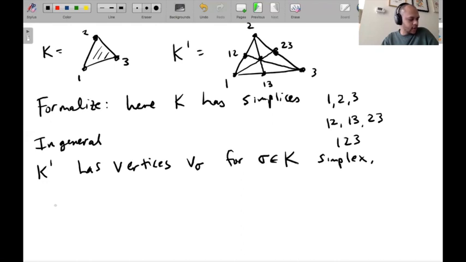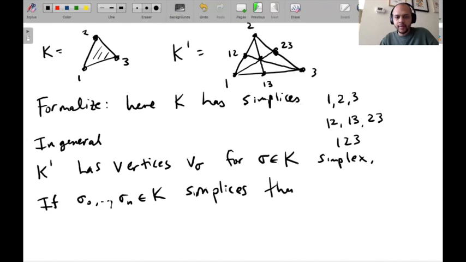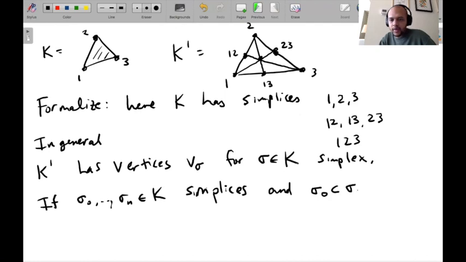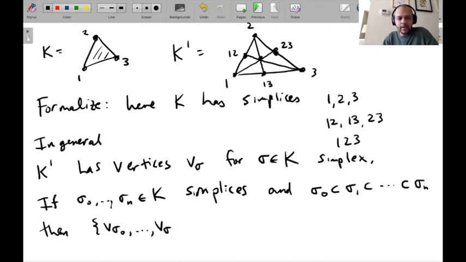Those are the vertices of the subdivision. Now I need to say, what about higher dimensional simplices? So if sigma naught up to sigma n are simplices of K, and they're nested, so sigma naught is contained in sigma 1, and so on, then this collection V sigma naught up to V sigma n is a simplex of K prime.